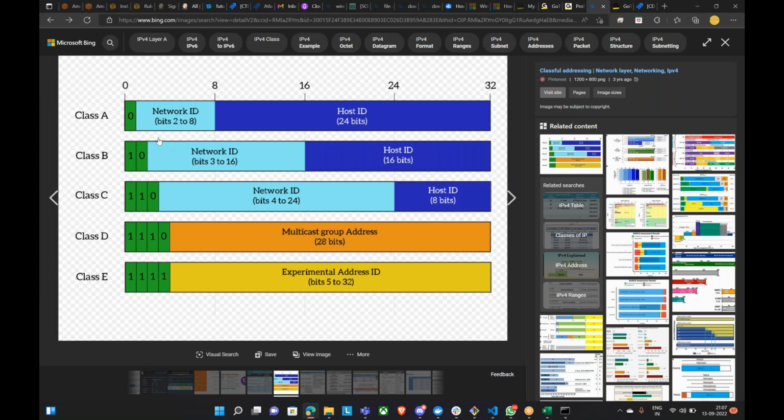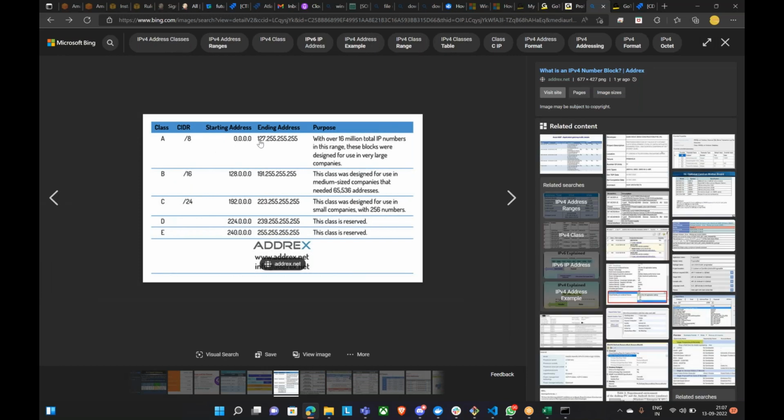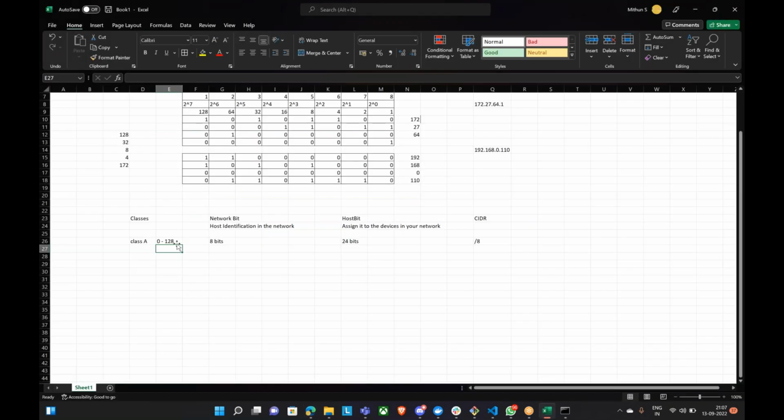See here, /8. Someone will say 128 or someone will say 127. Let us stick to 127, but 127 is not used by any host, because I will tell you in a few minutes. So 0 to 127 you have to use, and the first 8 bits will be dedicated to the network.